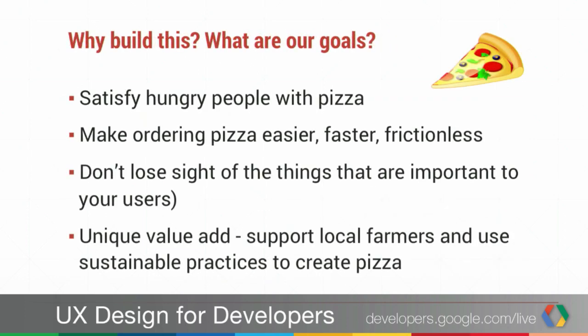This slide talks about the goals. So we're going to go through and answer some of those questions I just asked, and basically come up with a specific set of goals that our business and our product has to deliver. So first of all, why are we building this application? We're building this application to satisfy users who are hungry for pizza.